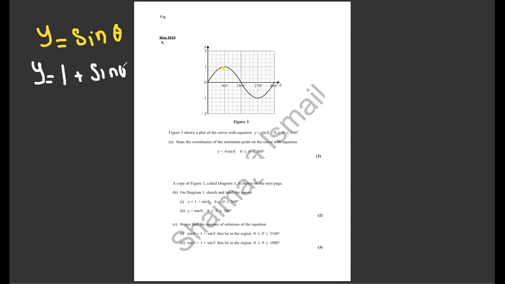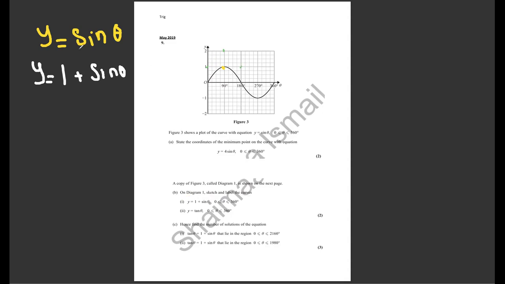So here we have the points 90 and 1, so it will be 90 and 2. And here is 0 and 0, it will be 0 and 1. And here is 180 and 0, it will be 180 and 1.